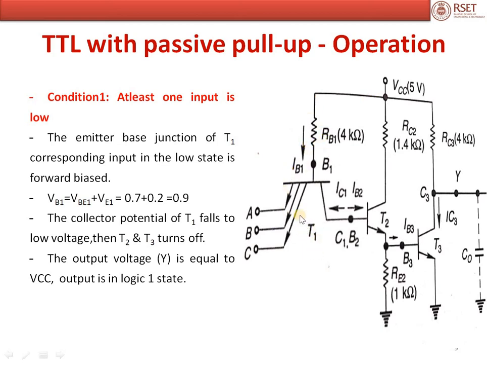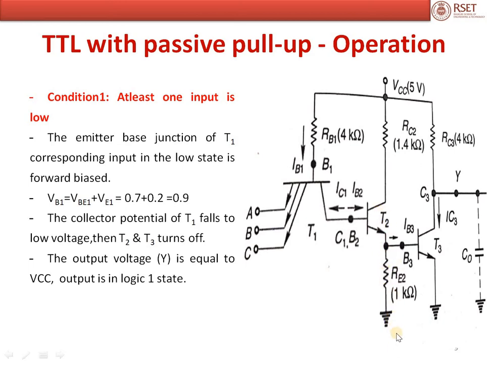So the transistor T1 becomes forward biased and there will be current flow, so the current into the transistor T2 will be less. The collector potential of T1 falls to a low voltage, so the transistor T2 remains off. If T2 is off, no current flows through the resistor RE2.